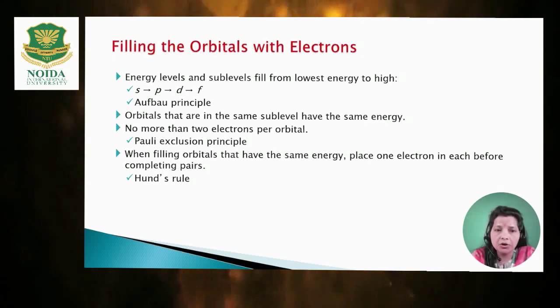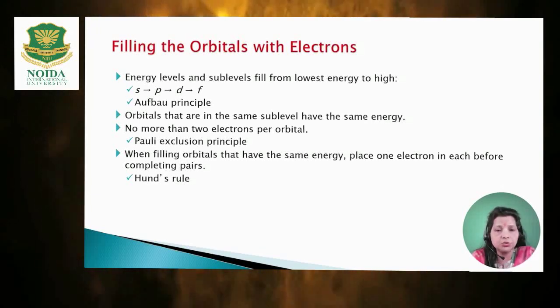It says orbitals that are in the same sublevel have the same energy. If I am talking about 2p, then 2px, 2py and 2pz all three have the same energy. It also says that no more than 2 electrons per orbital, meaning in an orbital a maximum of 2 electrons can exist.